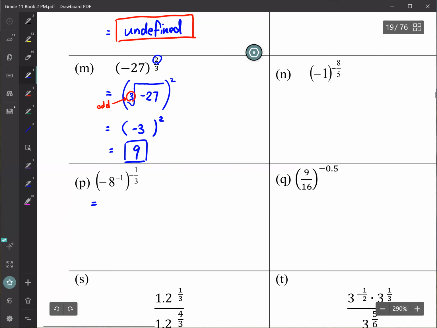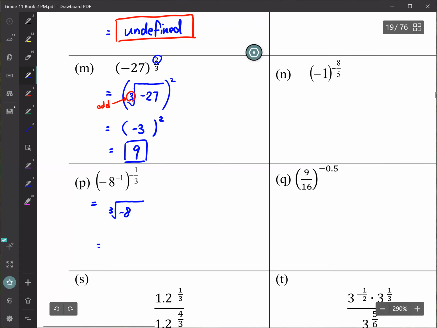You mean cube root? Like that? Yeah. Okay, and then negative 8. And undefined.